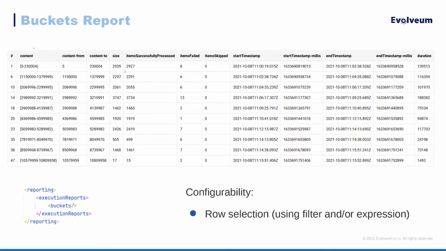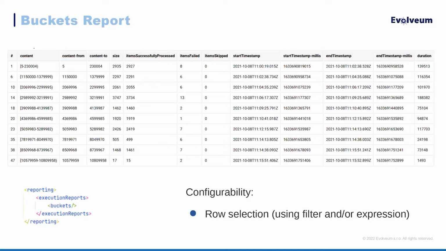How many of them were successfully processed? How many has failed, and how many were skipped? Then start timestamp and the duration in milliseconds. You can display this in raw form or import this into spreadsheet application and draw a chart, and you can immediately see any irregularities or issues here.